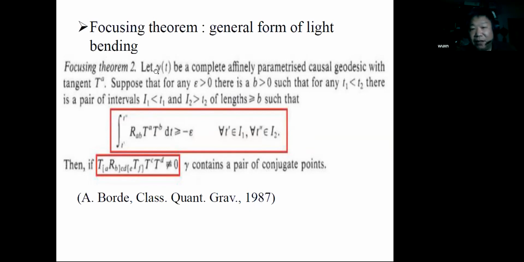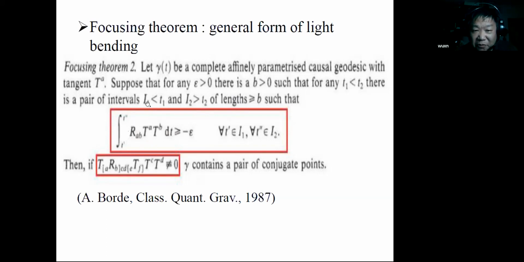It means that if gamma is a complete, affinely parameterized causal geodesic, meaning a time-like or null geodesic, with tangent vector T, suppose the energy momentum tensor or the Ricci tensor is not too negative.